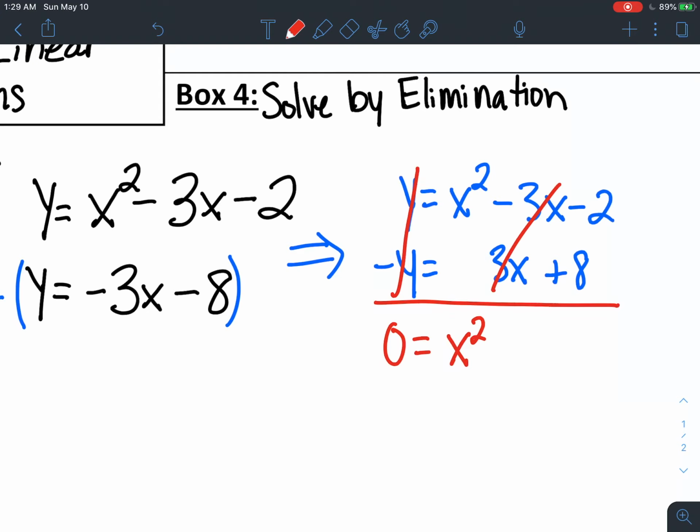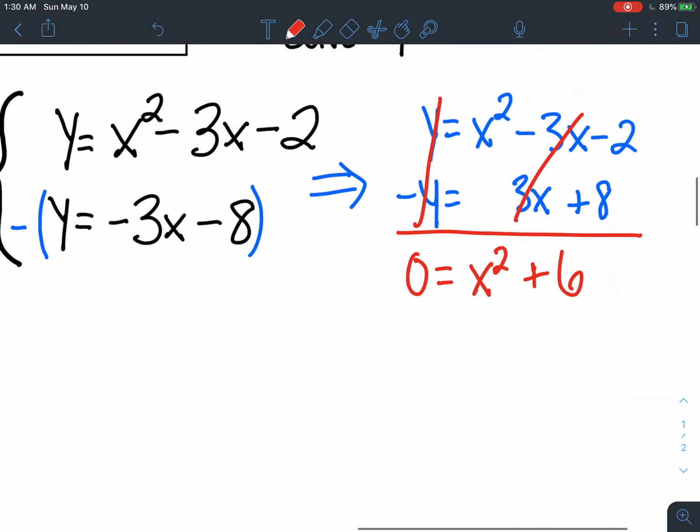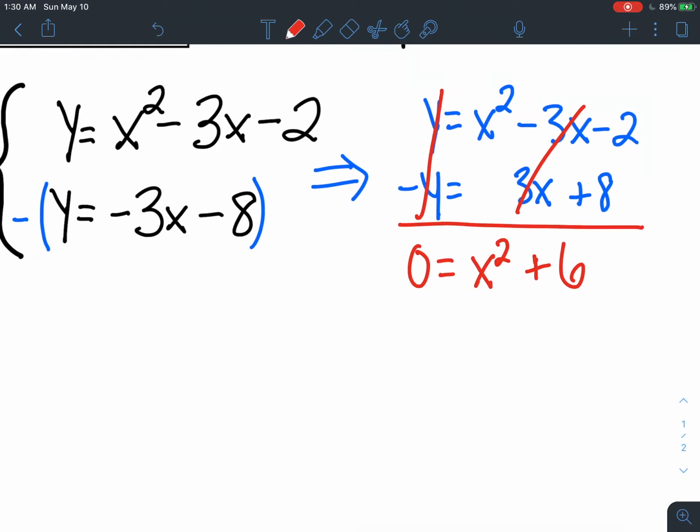I actually kind of have a double elimination, but really just of my x to the first term. 3x and negative 3x add up to 0x, and then negative 2 and 8 is a positive 6. So that red equation is my single variable, single equation that I'm going to be asked to solve.